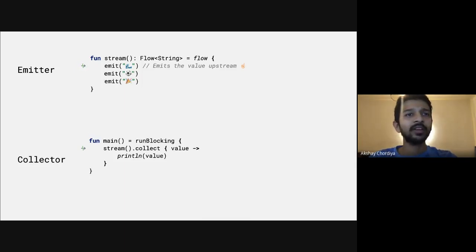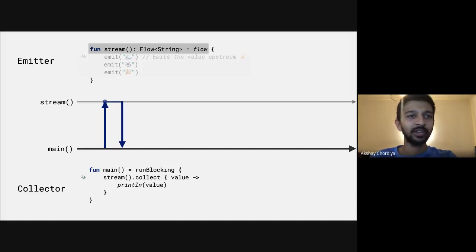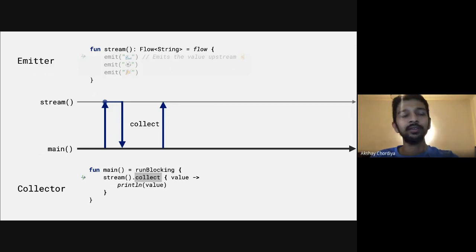So let's understand how things are working internally. Initially, the main function calls the stream function, which will immediately return the flow back. Then we call the collect function on the flow, which essentially means we are subscribing to the emitter.